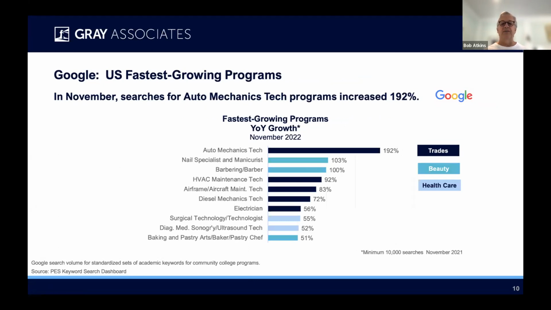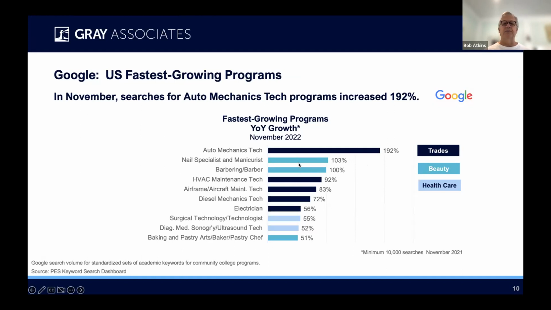Now, what's growing fastest? Auto tech. And several of our trades programs here, we got 5 out of the top 10, what I would call technical trades programs. So auto tech, HVAC tech, aircraft maintenance tech, diesel mechanic tech, and electrician, all leading the growth in our top 10 of the 10 fastest growing programs.